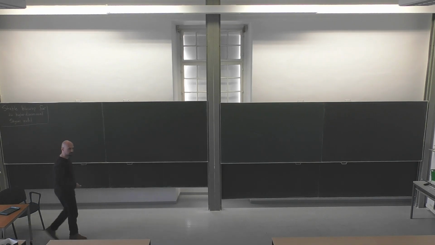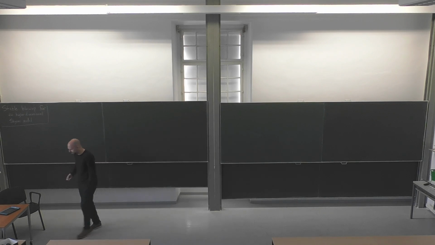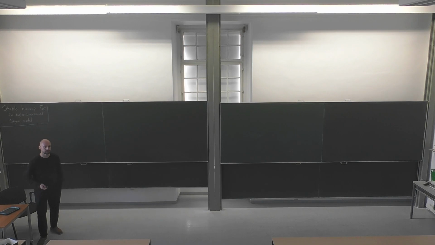So today I'd like to tell you a bit about exactly what Roland said. Particularly stable blowup for the higher dimensional Skyrme model. And so a bit of history first. This model, the Skyrme model, came out of nuclear physics in the 1960s as a way to correct the expected formation of singularities present in the so-called nonlinear sigma model.